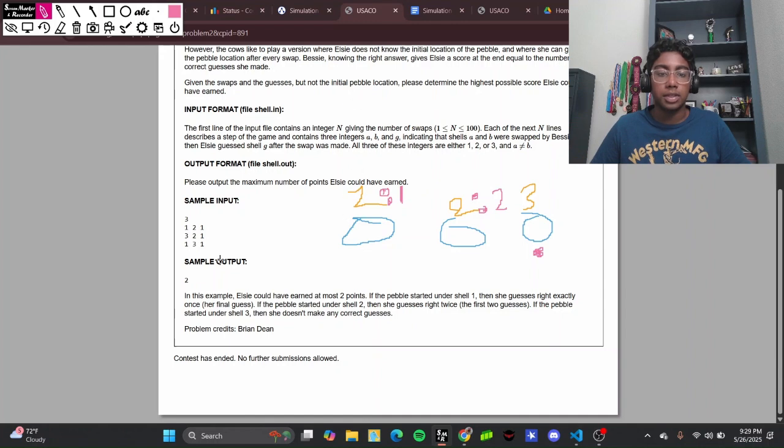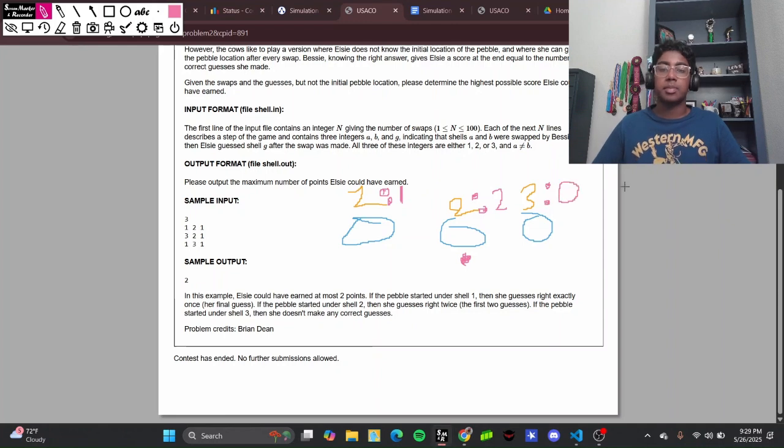That's not true, so no points. 3 and 2 swap, so now the pebble from shell 3 goes to shell 2. Elsie again guesses that the pebble is under shell 1, so no points again, because that's not true. Now 1 and 3 swap, which doesn't really do anything because they don't have any pebbles. Elsie once again guesses that the pebble is under shell 1, which is again not true, so Elsie ends up getting 0 points.